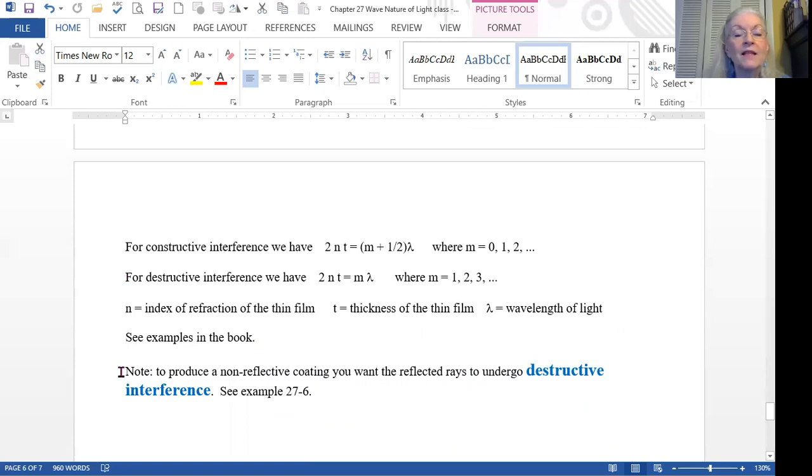One of the places we use this, besides explaining the colors in a soap bubble or an oil slick, is to produce non-reflective coatings. Some of you may wear glasses and have spent a little extra money to get a non-reflective coating on your eyeglasses. If that is the case, what's happening is just some of the rays are being absorbed so that you don't get the glare bouncing off of it.